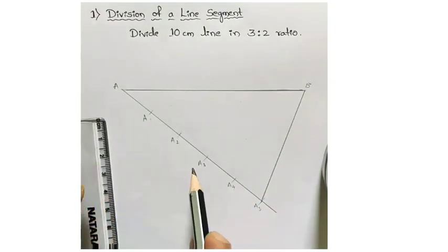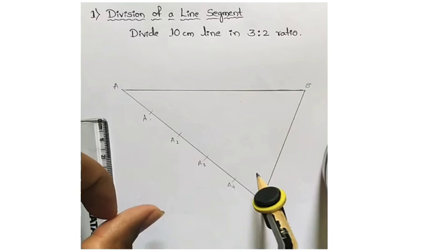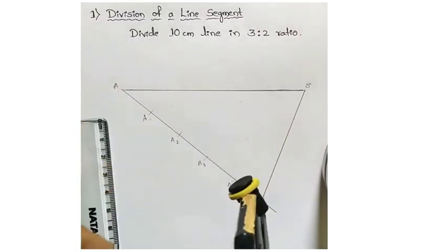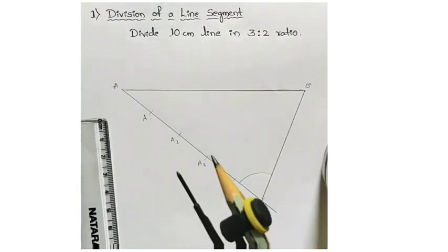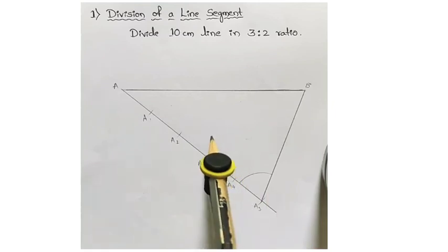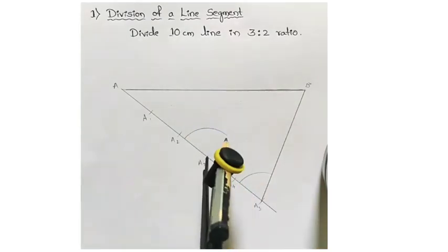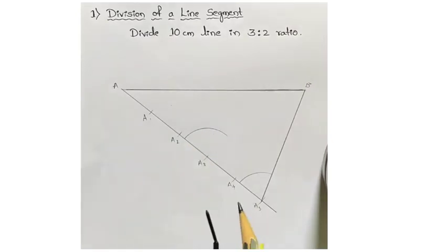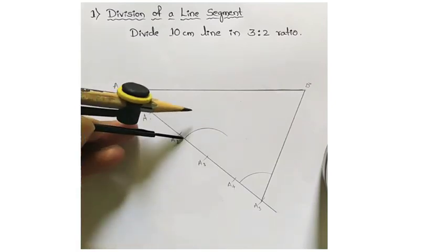So to making the parallel line we have to use the compass and make a small arc here. Okay, without changing the needle, same arc draw from A3. Okay, from A3 we draw an arc. So measure the first arc and same length cut the second arc.